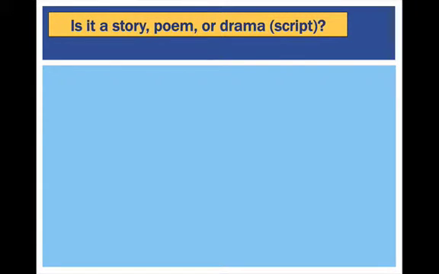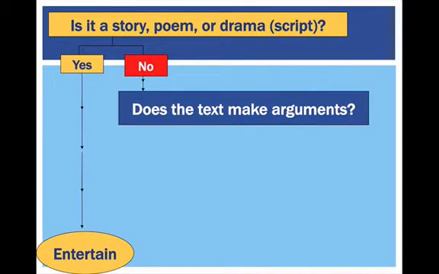So this flow chart that you're about to see is going to help you figure out what the purpose of some writing might be if you come across different genres. So ask yourself, is it a story, poem, or drama script? Yes or no? If yes, it's probably to entertain.